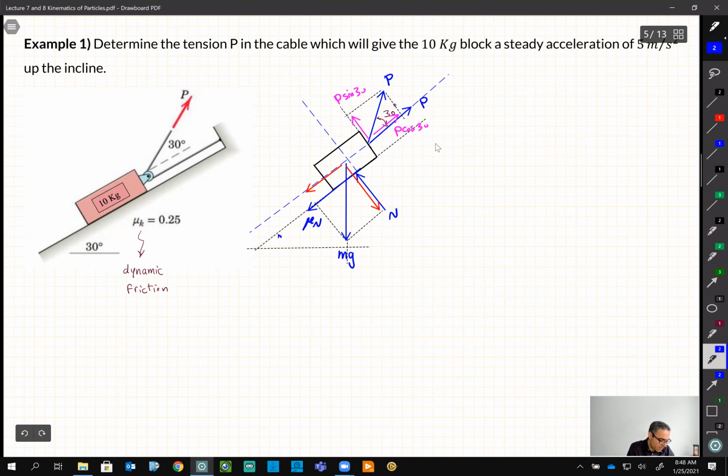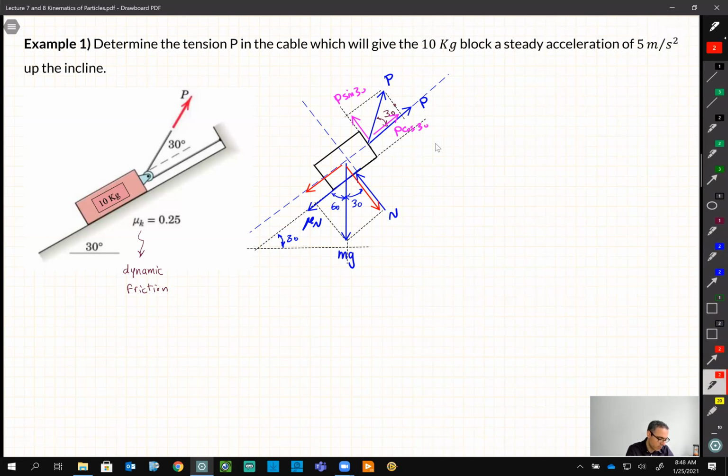So if this angle is 30, then everybody agrees that based on this triangle, this has to be 60 and this has to be 30. Okay, in that way we don't make silly mistakes. So then this one is mg cosine 30 and this one is mg sine 30. Or you can just write mg cosine 60 and mg sine 30. They are all the same.